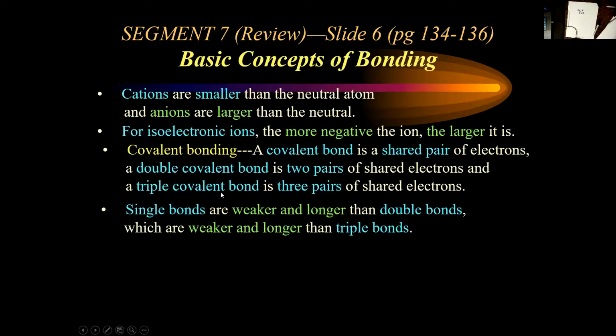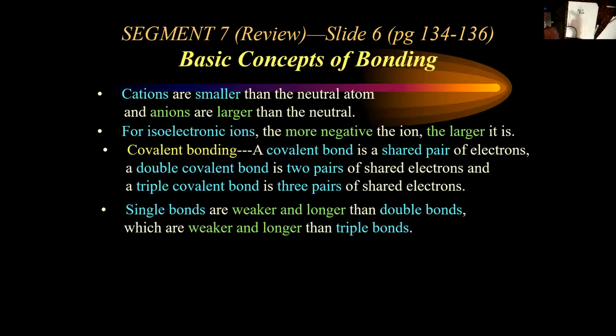Okay, now, when you have covalent bonding, here again, I'll ask you to do an exercise with me with your hands. Take your thumb and your first two fingers on each hand and spread them apart and hold the other two, the pinky and the ring finger, down next to your hand.